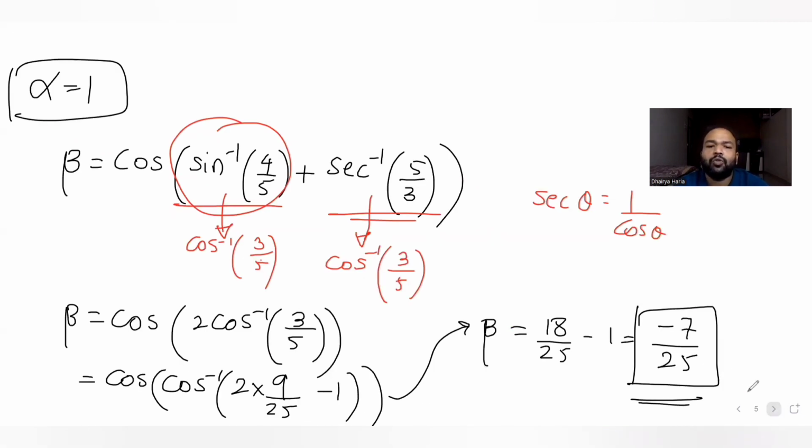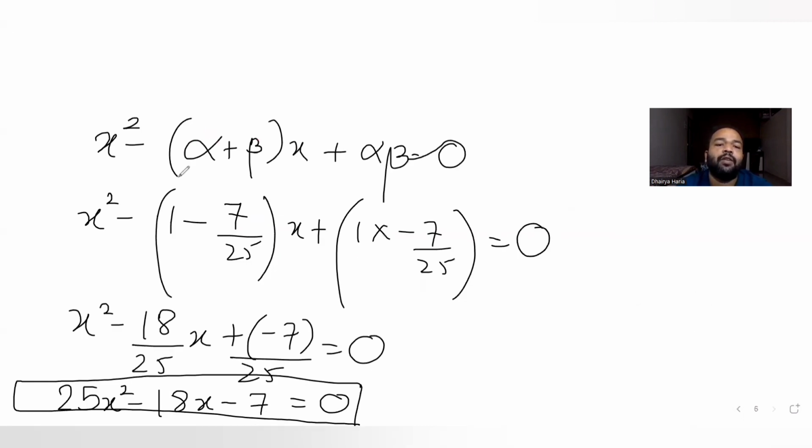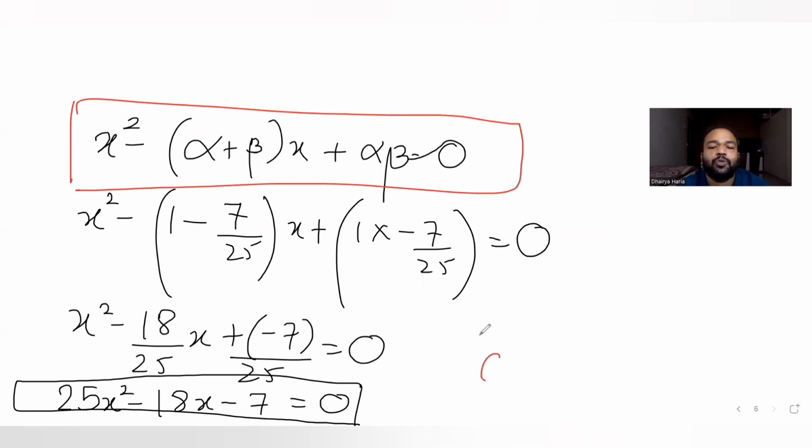Then further we used the other idea again, that same 2 cos inverse of theta is cos inverse of 2x square minus 1. And we got alpha and beta. Once we got the values of alpha and beta, we just found our quadratic equation that matches with option C. So C becomes the correct answer for the question given to us.